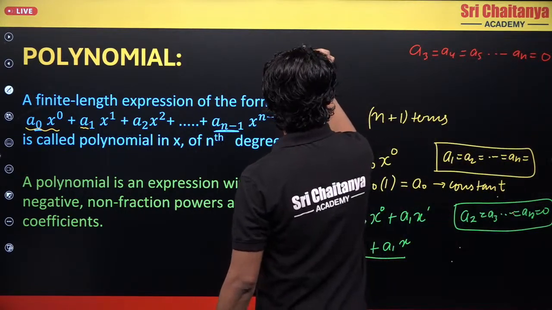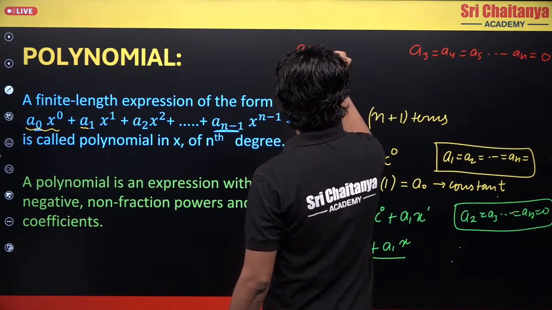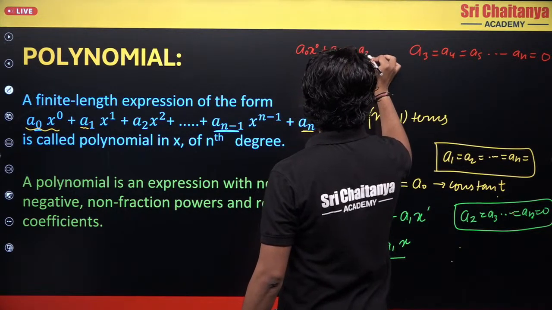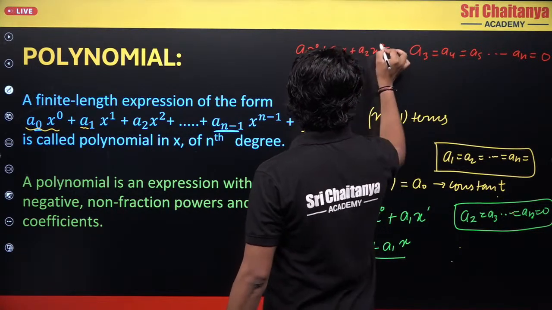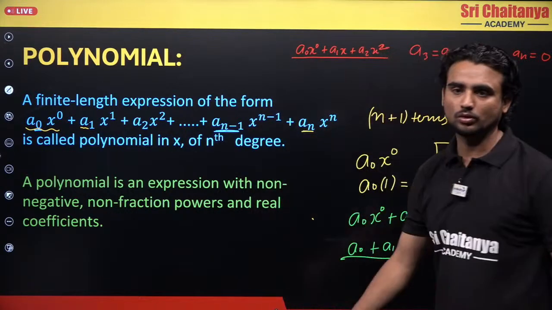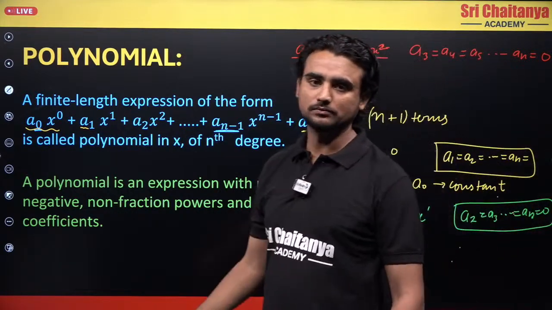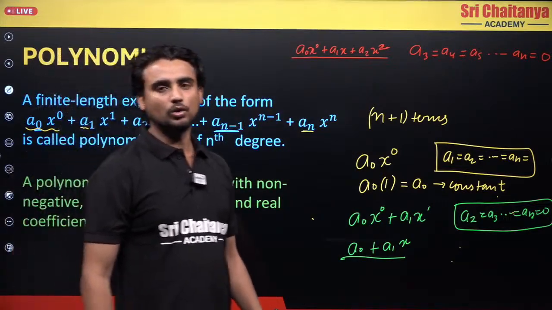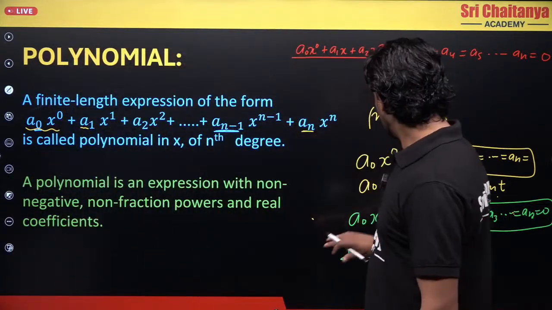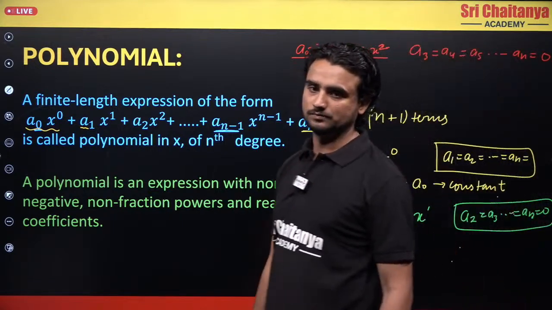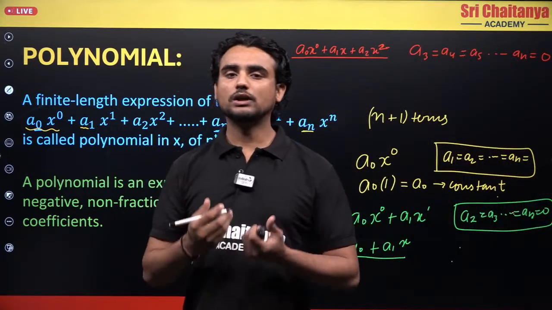So what I'll have is a0 x0 plus a1x plus a2x square. So this is a polynomial with degree 2, or this is known as a quadratic equation. Don't worry, we'll talk about all of them. Basically we'll first study straight lines and then we study the quadratic equation. So I hope you understand what a polynomial is.